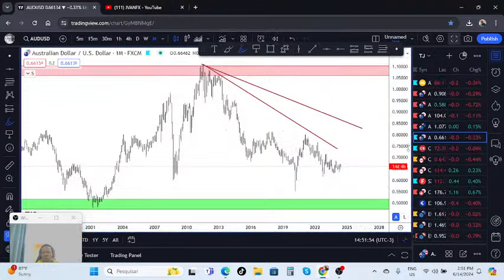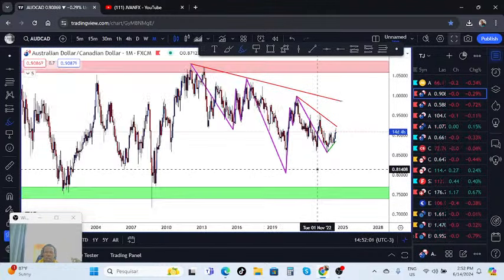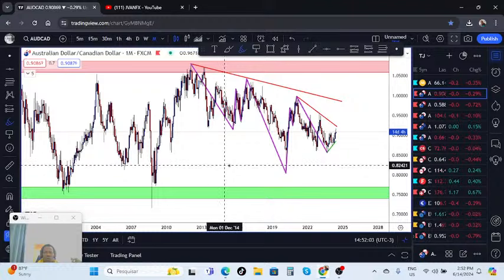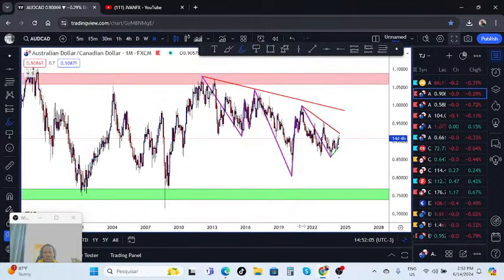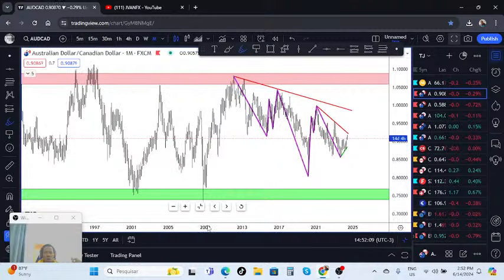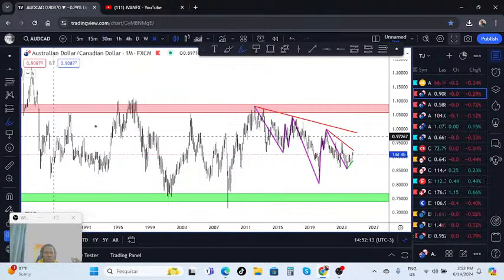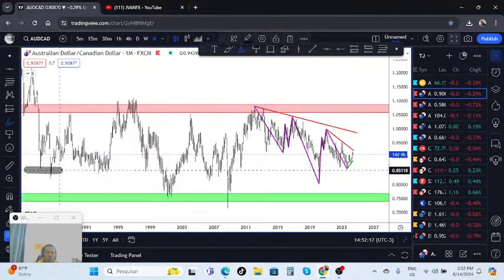I think we have a beautiful example in AUD CAD. Back in time, talking about market structure on the monthly time frame, in my own humble opinion, the market structure was like this.